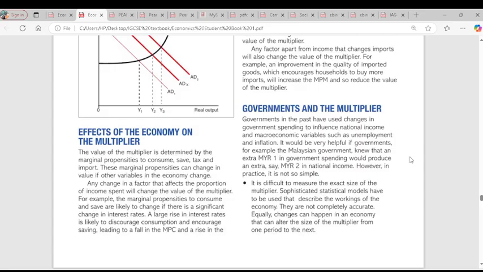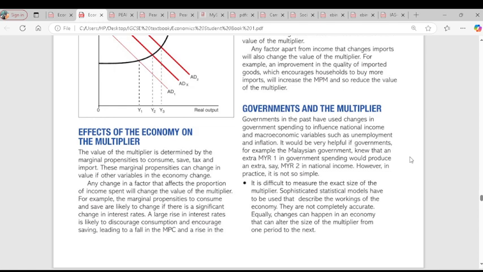So the first one we talked about is interest rate. Another variable is government taxes. Government changes of taxes paid by households will affect the multiplier. A rise in taxes will increase marginal propensity to tax. Hence, the value of the multiplier will fall. Marginal propensity to tax is changes in taxation that bring about changes in income. So if taxes are increasing, the marginal propensity to tax will increase.